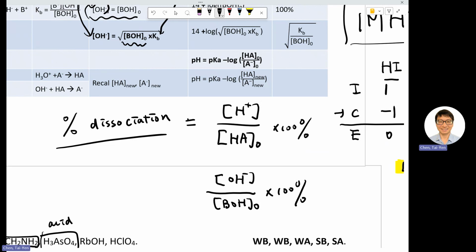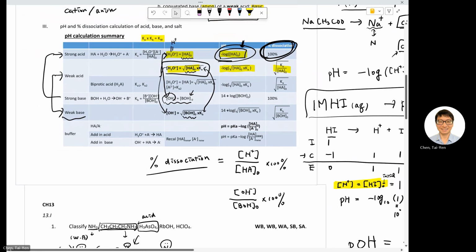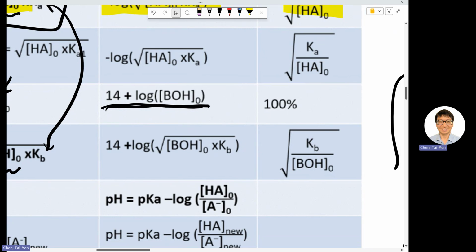Okay. Any questions? On the table, we say the... Okay, so this is actually a good question, and you want to think it through. Why do I put plus here? Because it's actually a negative log that gives you the pH, right?